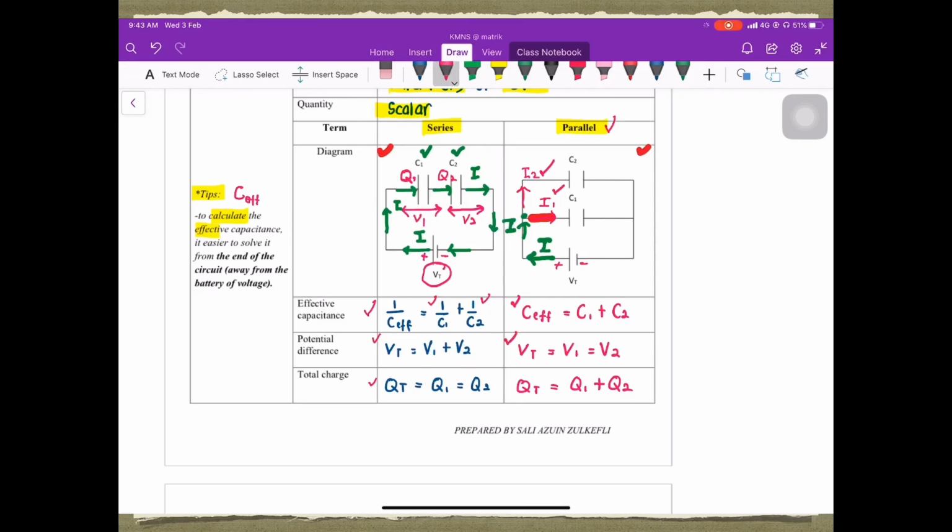The voltage here V1 equal to V2, equal to the battery. And the charge stored is on capacitor 1 plus capacitor 2.